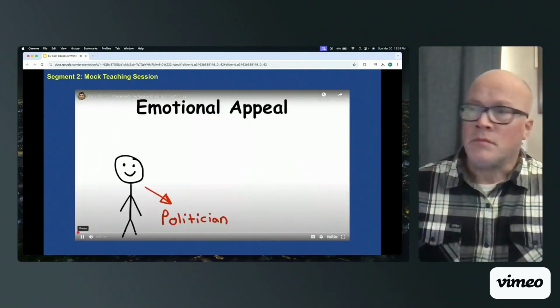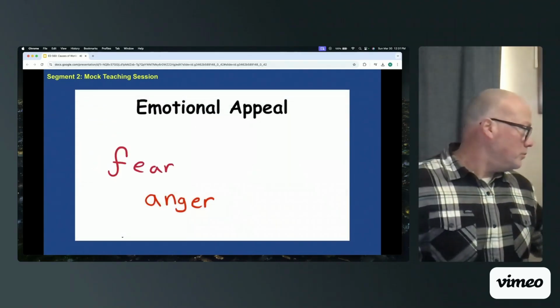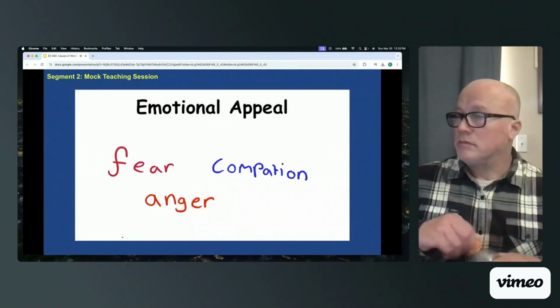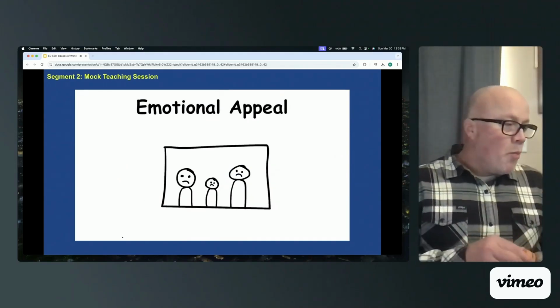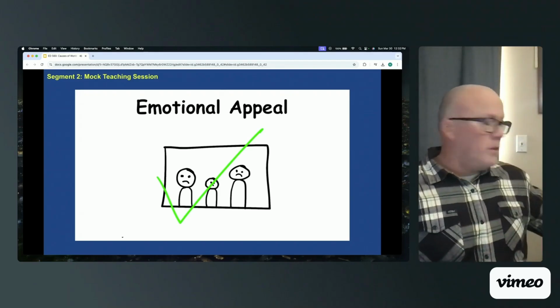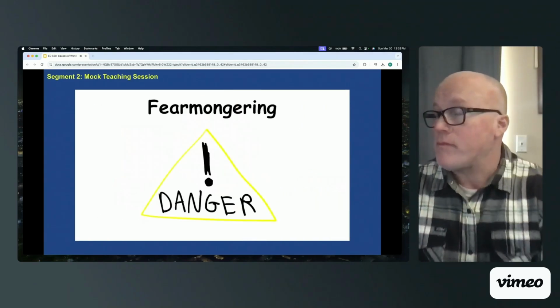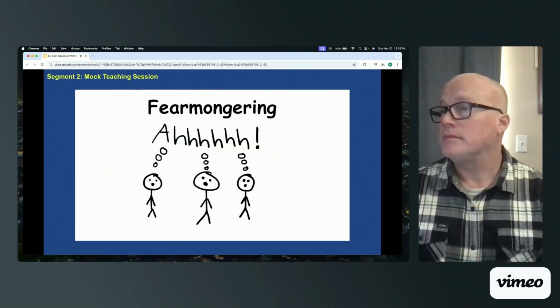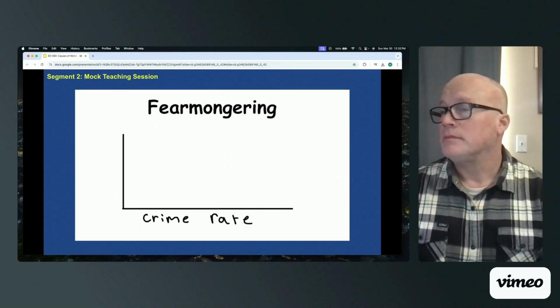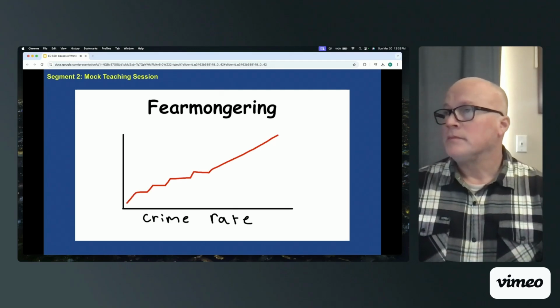Emotional appeal, utilizing emotions such as fear, anger, or compassion to influence public opinion. For instance, showcasing heartbreaking stories of families affected by policy changes to evoke empathy and garner support for immigration reform. Fear-mongering, exaggerating threats or dangers to manipulate public perception and justify political actions or policies. This could involve sensationalizing crime rates among immigrant communities to rally support for stricter immigration laws.